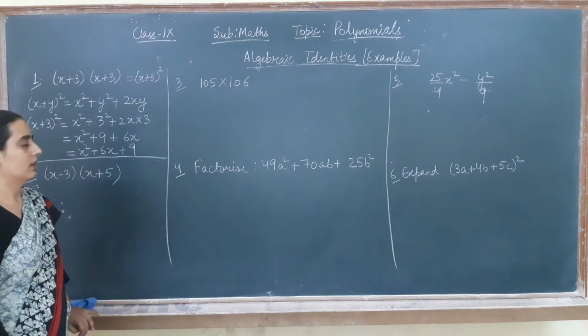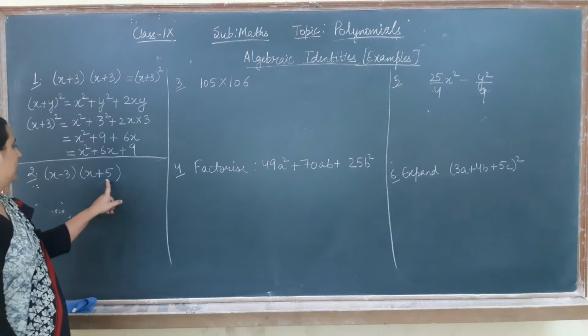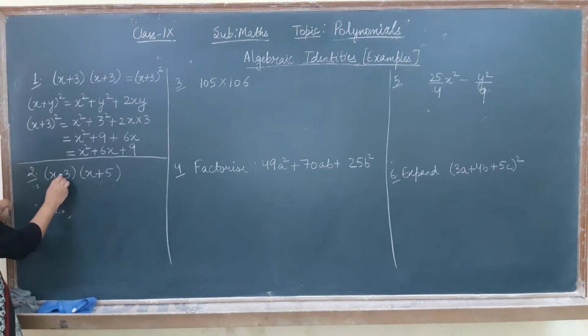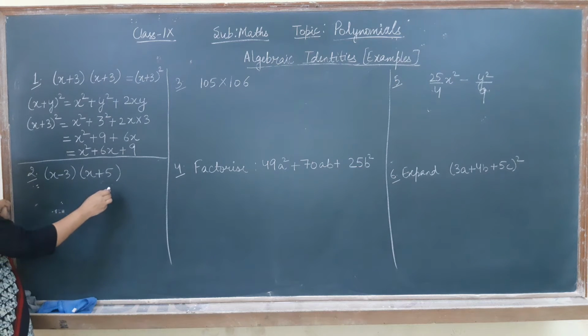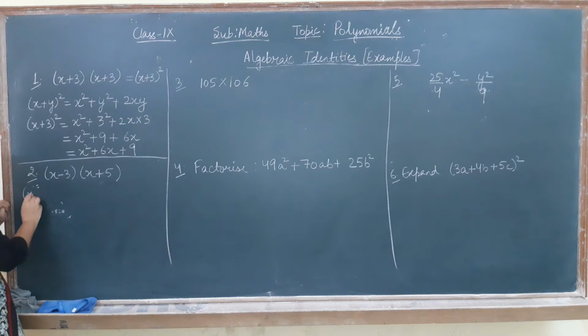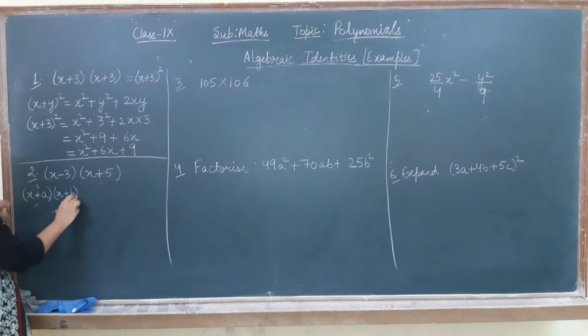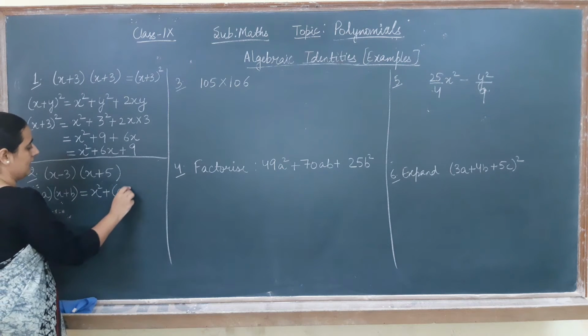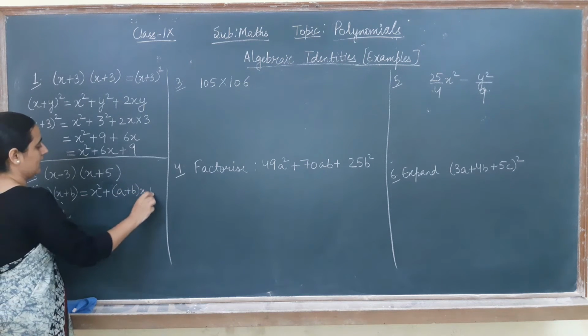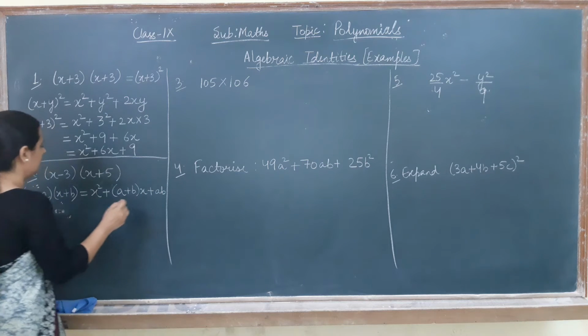Is it clear? Next we have, now you can see here, one thing: we have different signs, and second thing, we have different numbers. So we need to use the identity of (x plus a)(x plus b). What is the identity? x square plus (a plus b) into x plus ab, right?